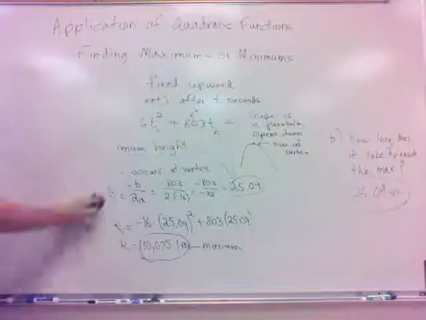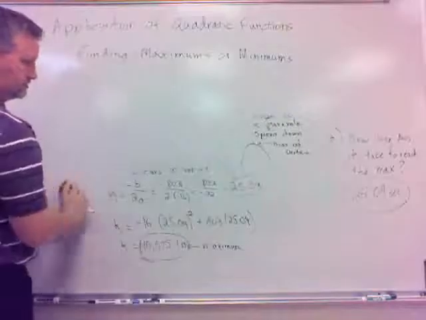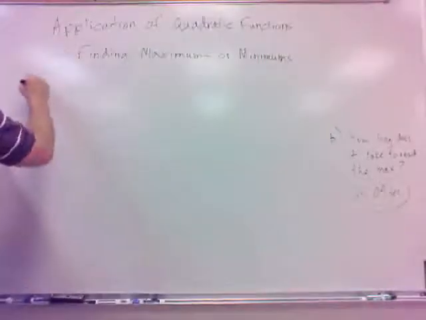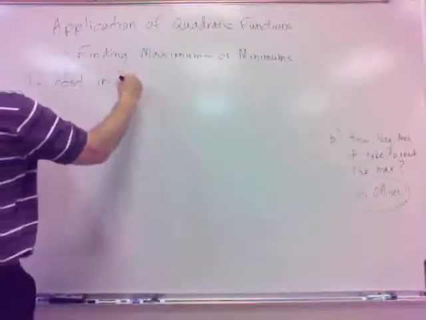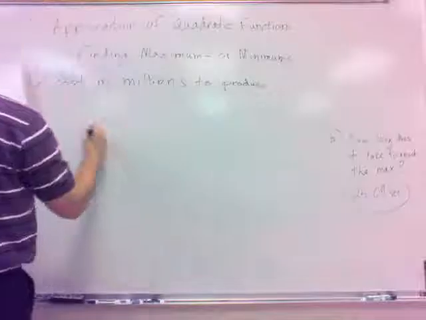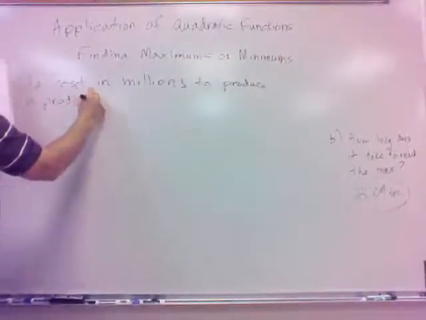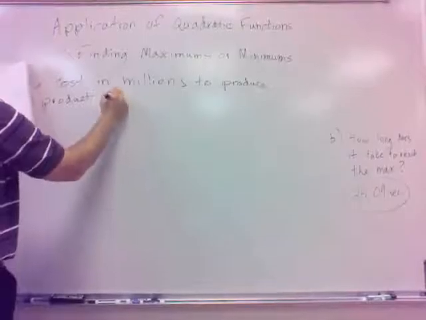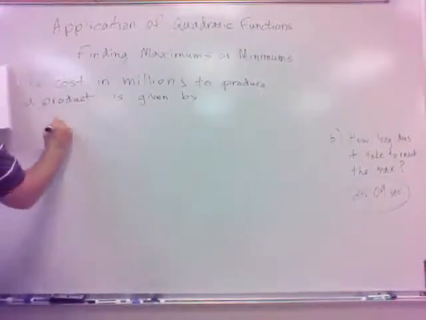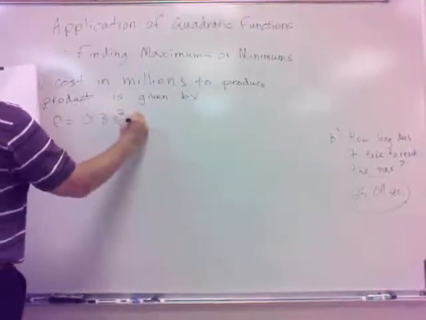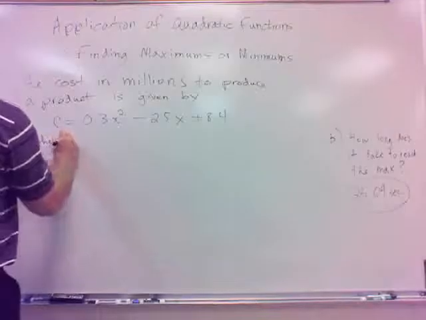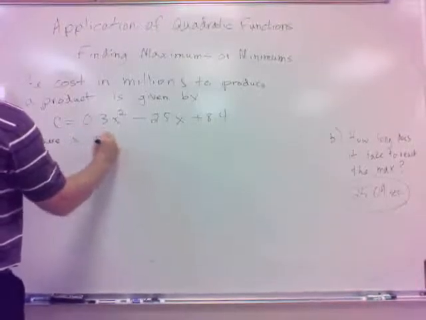All right, number 2. The cost in millions to produce a product for a certain company is given by C equals 0.3x squared minus 2.5x plus 8.4, where x is the number of units produced in thousands.